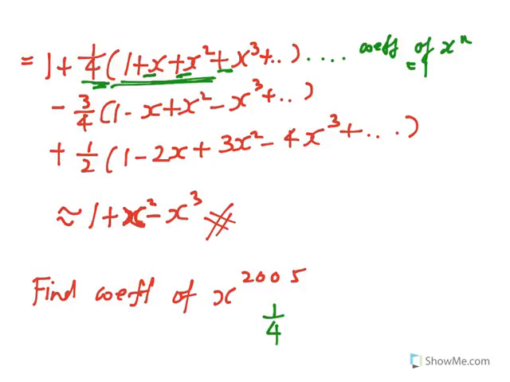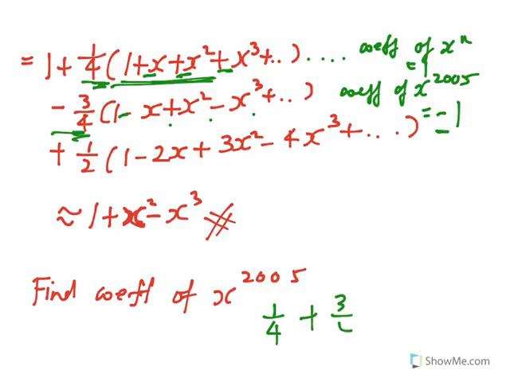You get negative, positive, negative, positive. For all the odd powers, power 1, 3, 5, 7, 9, 11 and so on, the coefficient is negative. So for x to the power 2005, it's going to be negative 1. So negative 3 over 4 times negative 1, you're going to get a plus 3 over 4.